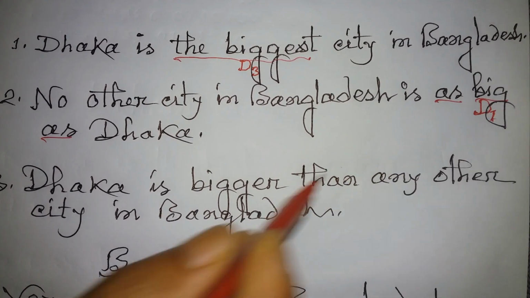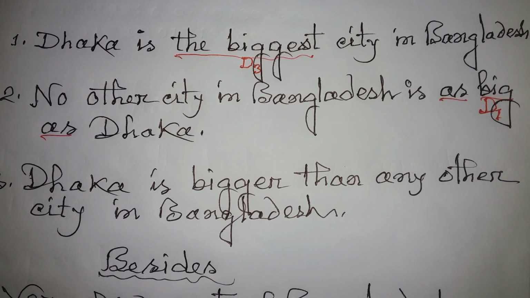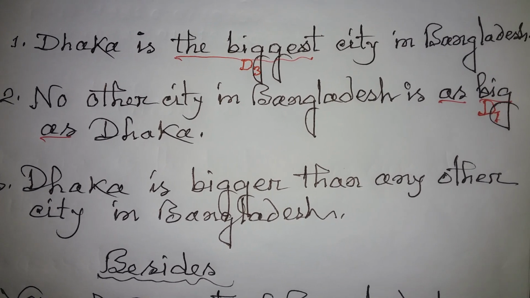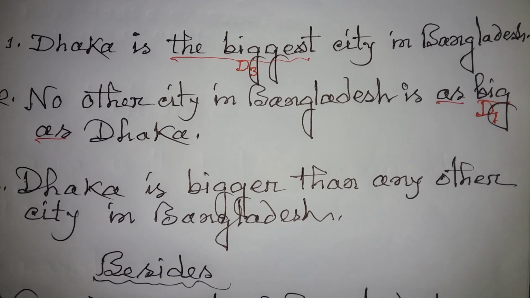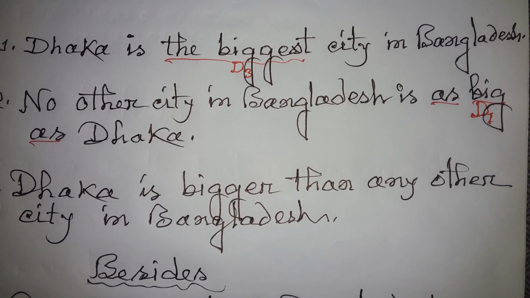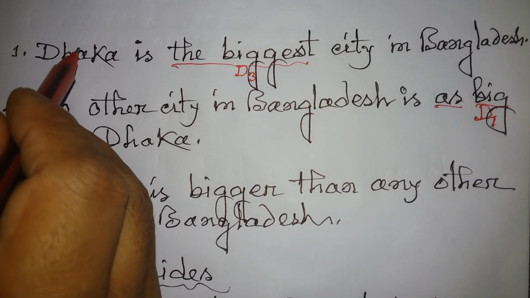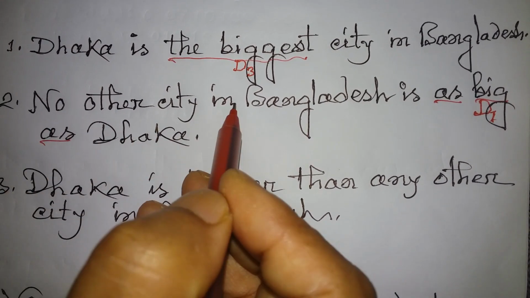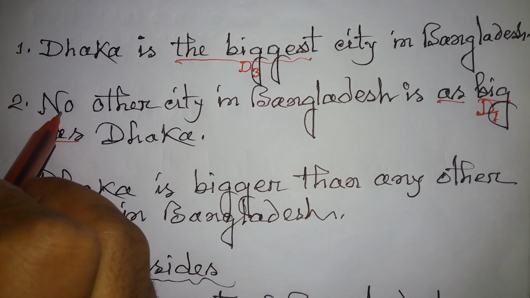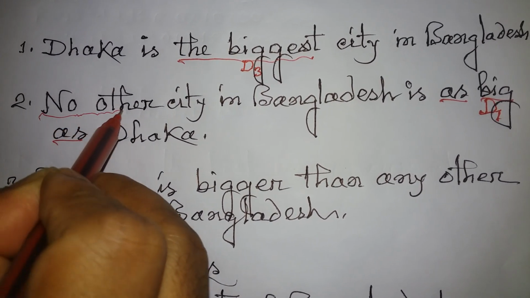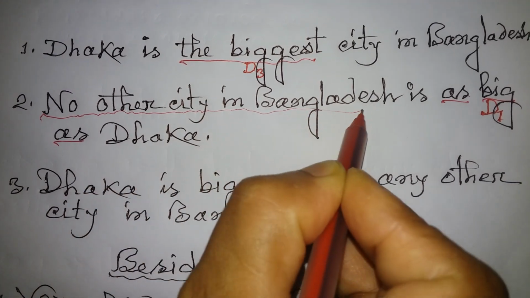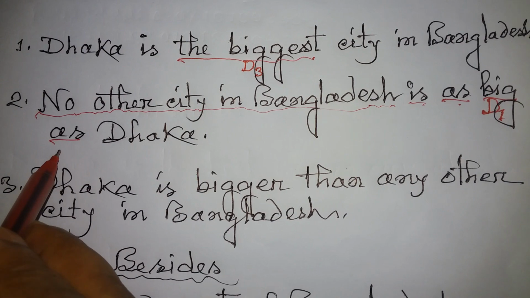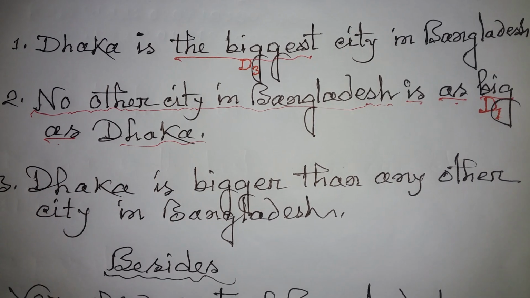So big is D1, and D1 means positive degree. When we transform the superlative sentence into positive degree, we can form it in this way: No other city in Bangladesh is as big as Dhaka.